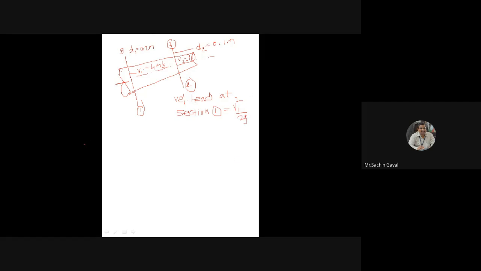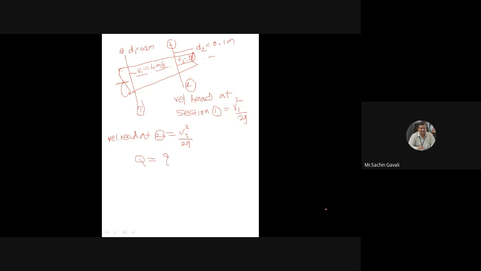Secondly, velocity head at section 2 is equal to V2 square divided by 2g. And then the discharge Q. Three simple parameters.